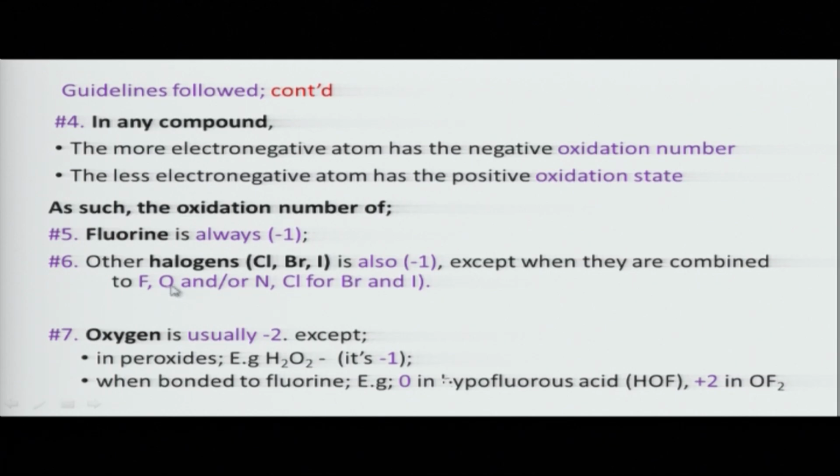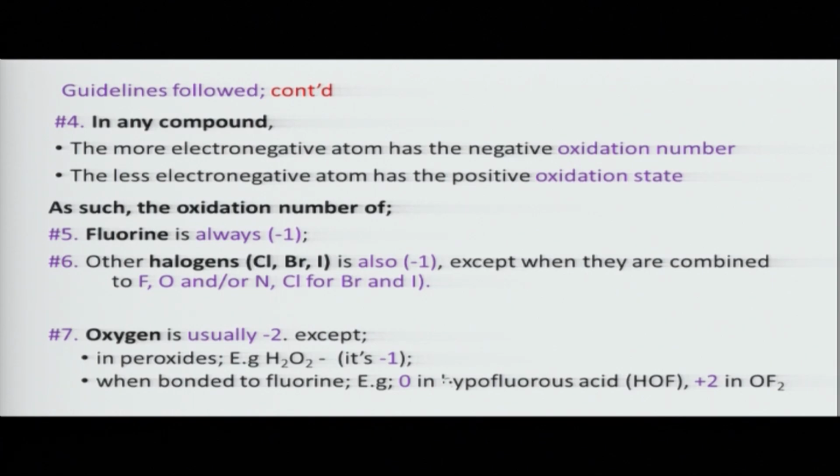We have oxygen, nitrogen, fluorine. That's why I brought in chlorine in this case. Chlorine is more electronegative compared to bromine and iodine, so when it is bonded to iodine or bromine, chlorine attains a negative, and these two attain a positive oxidation state. Simple, apply the electronegativity, which you already covered.